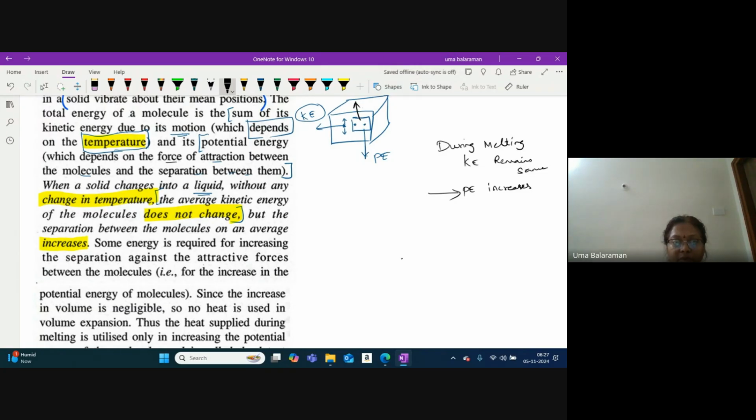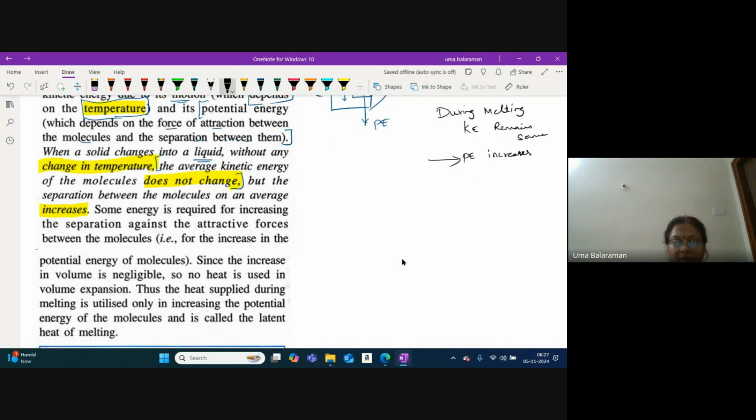So no heat is used in volume expansion. Since the increase in volume is negligible, there is no increase in volume. We have studied thermal expansion of objects in earlier classes.